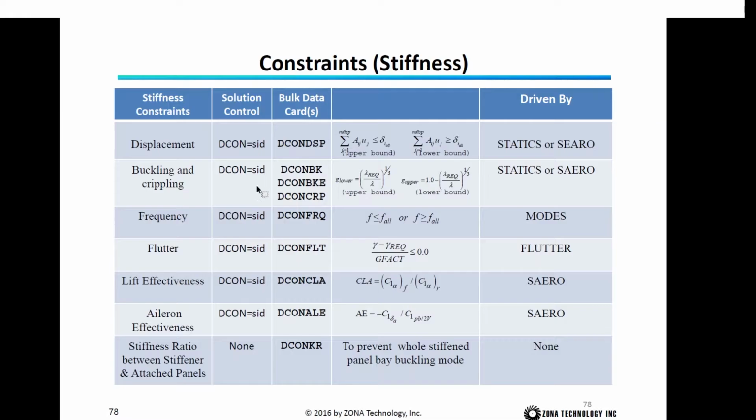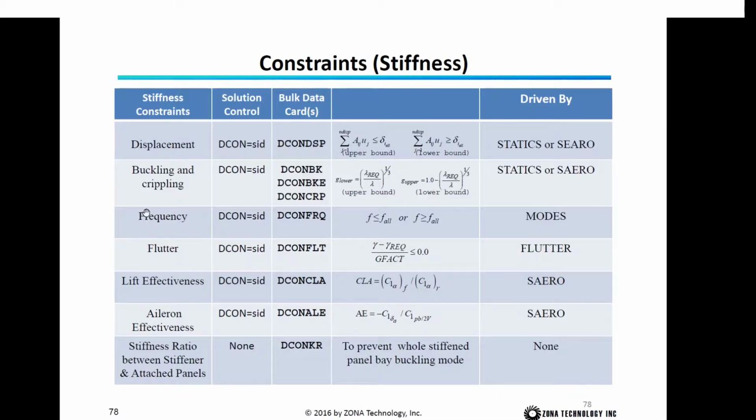Buckling and crippling: you have DCONBK for panel buckling, DCONBKE for column buckling, and DCONCRIP for stiffener crippling constraint. It is also driven by statics or SAERO, and activated by the DCON equals solution control command.